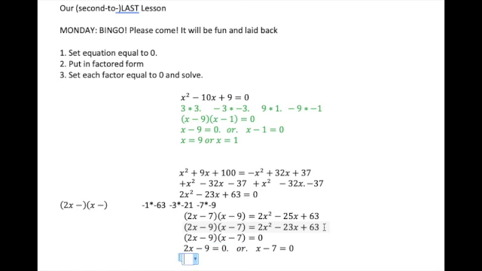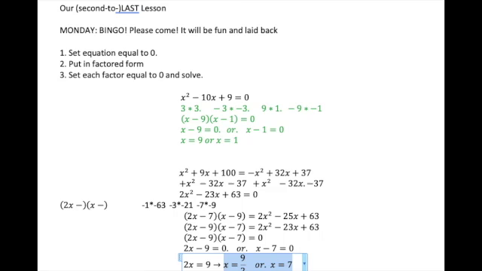So 2x equals 9, which gives us x is equal to 9 over 2, or x equals 7. Those are our two solutions, x equals 9 over 2 or x equals 7.